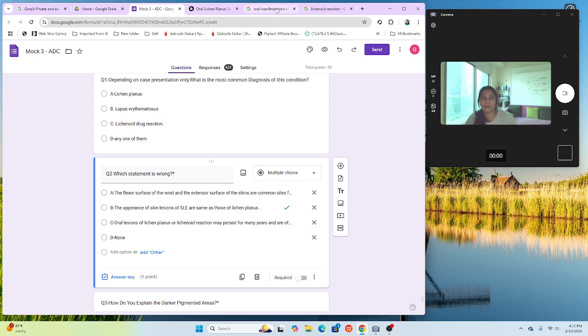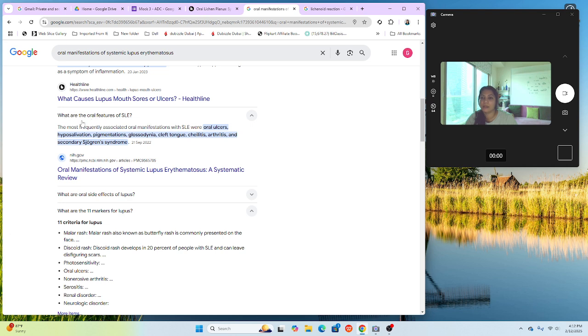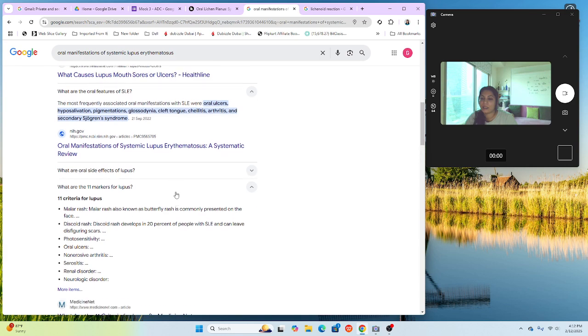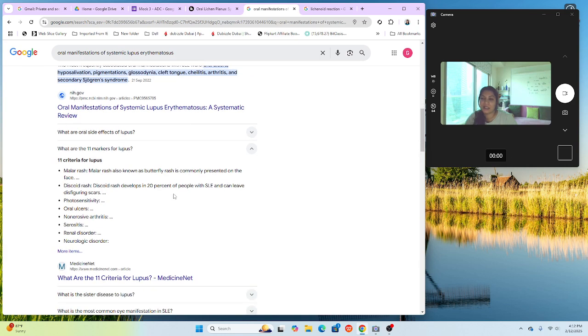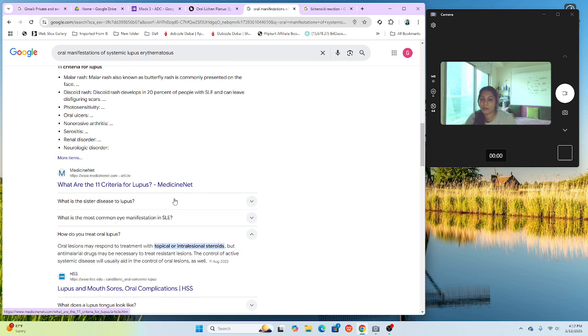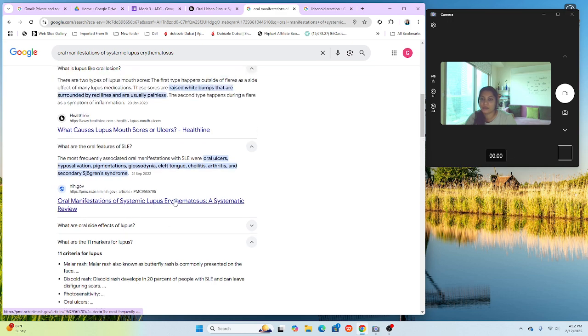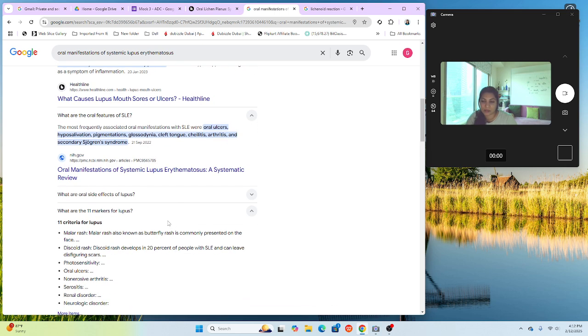So I have opened here lupus, and it has like distinct 11 characteristics, but the most common is a butterfly shaped lesion, especially around the nose and the cheek area. That is a classic sign for lupus. Lichen planus doesn't have that in the skin lesions.